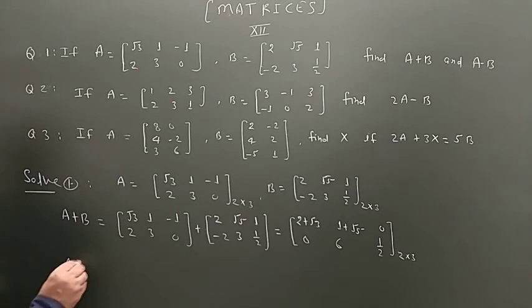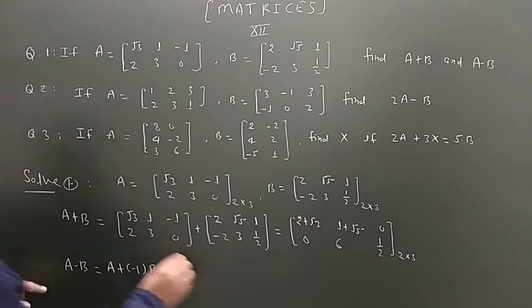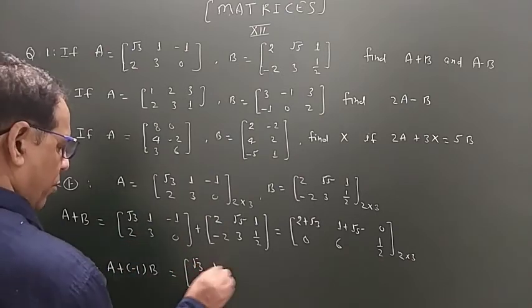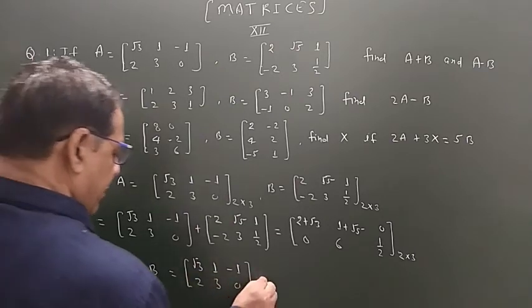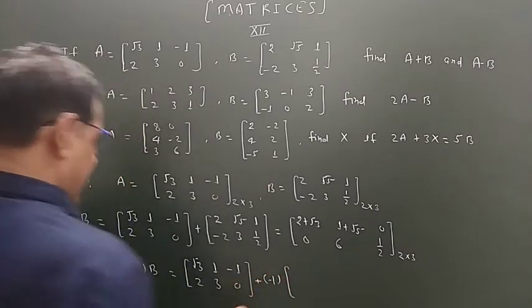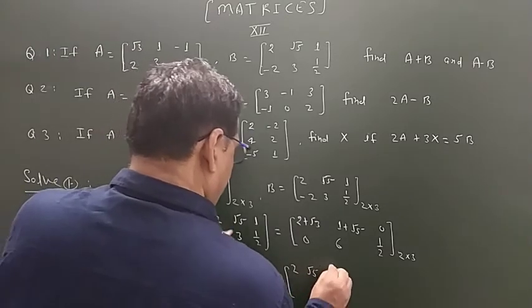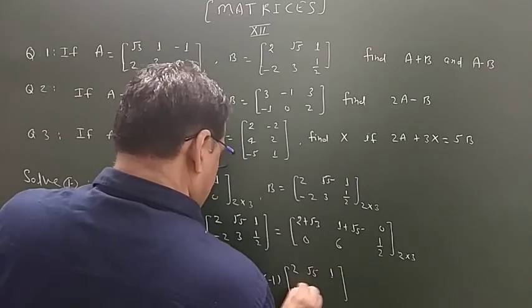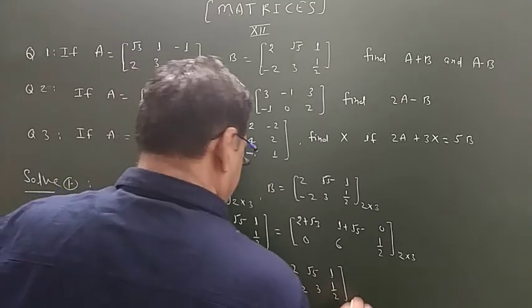Now A minus B can be written as A plus minus 1 B. That means the matrix A, root 3, 1, minus 1, 2, 3, 0, plus minus 1 times the second matrix, 2, root 5, 1, minus 2, 3, half.